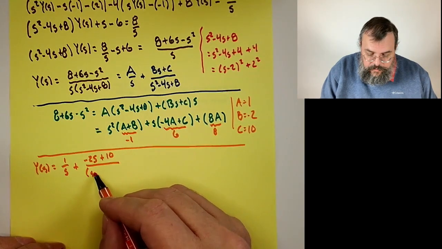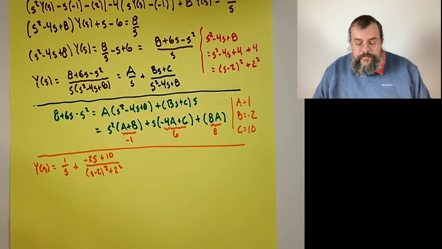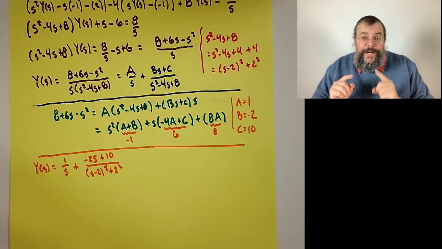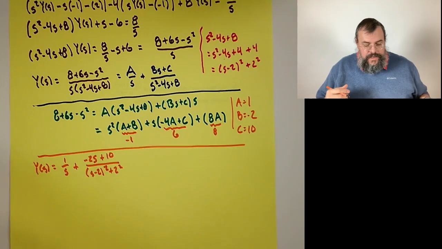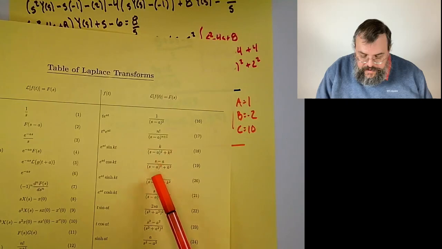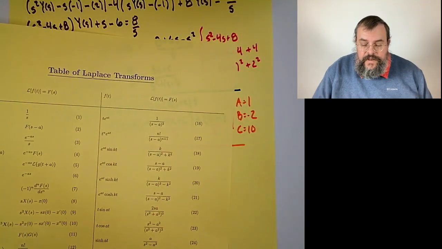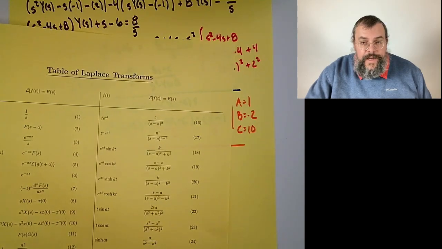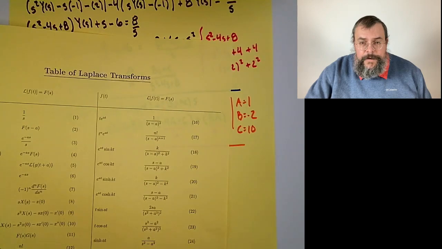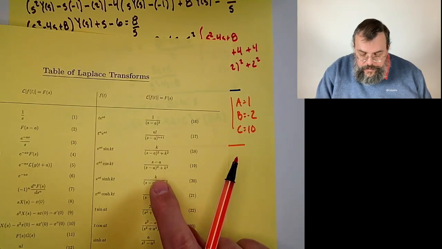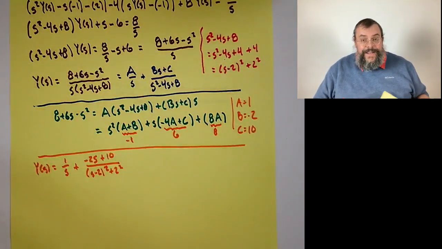So that's s minus 2 squared plus 2 squared. Now, in order for us to really apply our table, notice the s minus something squared plus k squared. That fits into this part of our table. Okay, well that's great. We like that it fits into our table, but we have to be careful here. Notice that upstairs, it's not s, it's s minus a.